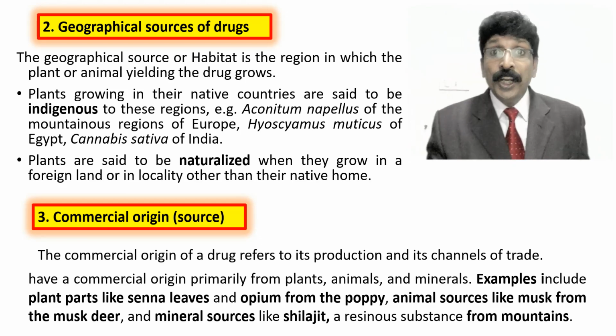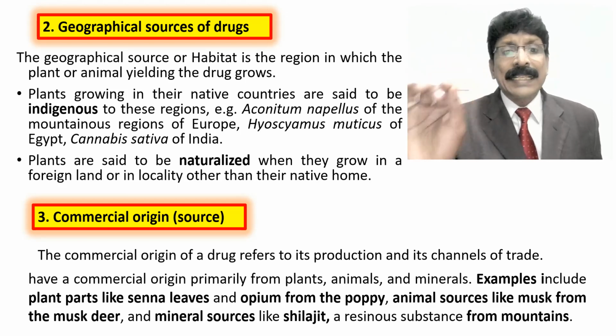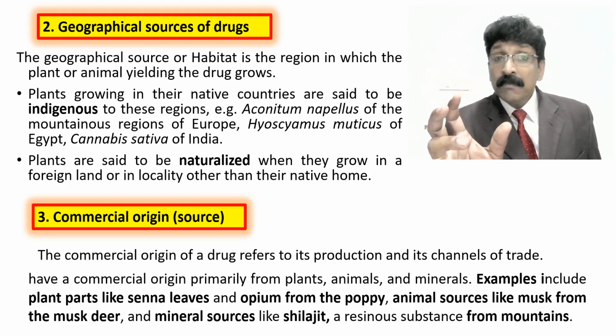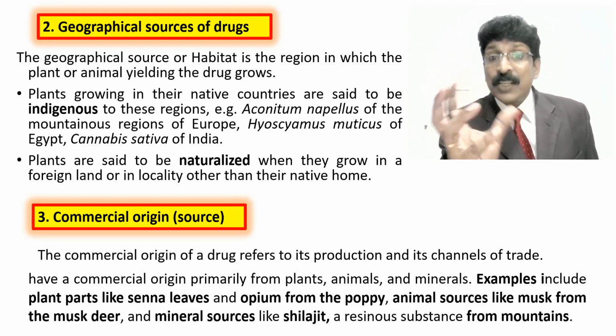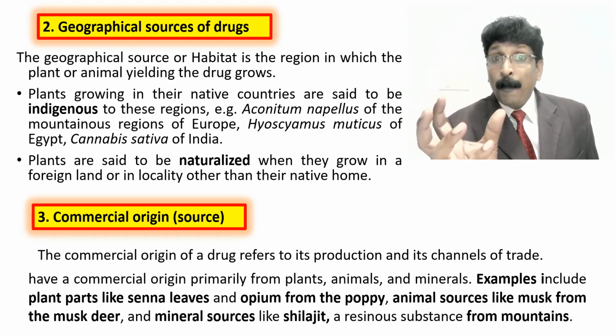Examples include plant parts like senna leaf, and opium, the latex from the poppy fruit.